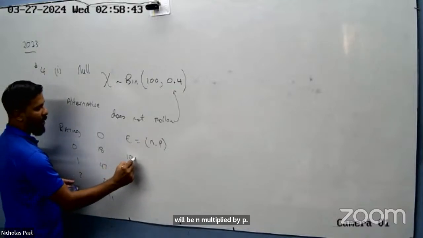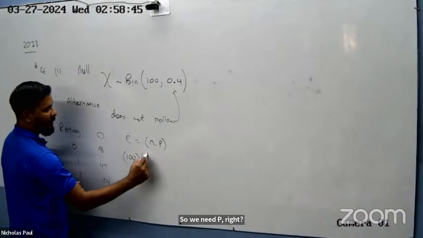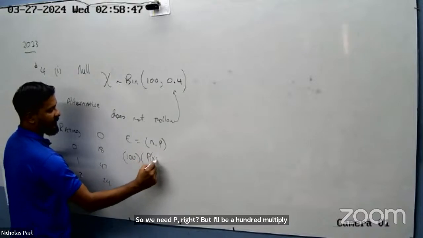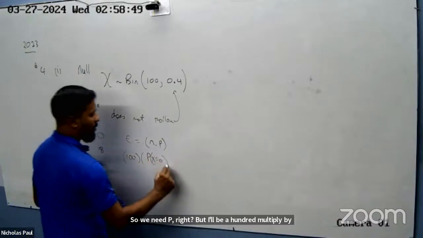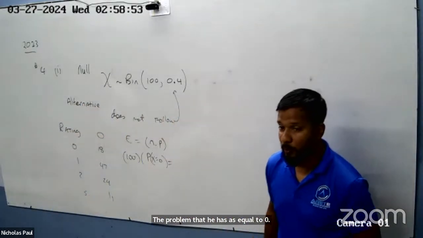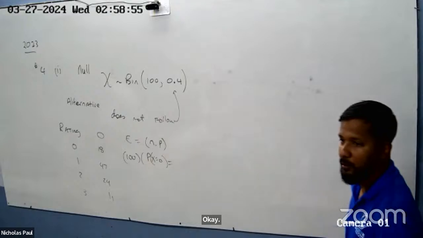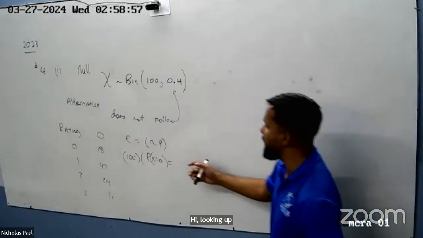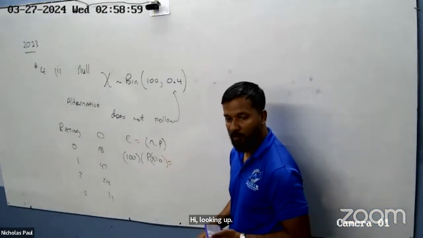So that'll be 100 multiplied by the probability of x equal to 0. How are you finding that? You just find the probability using the formula, the nCr formula.